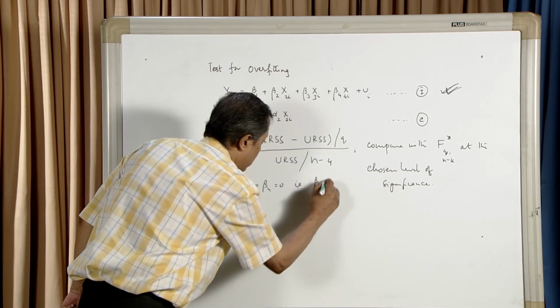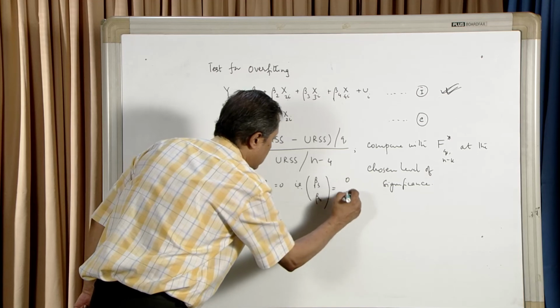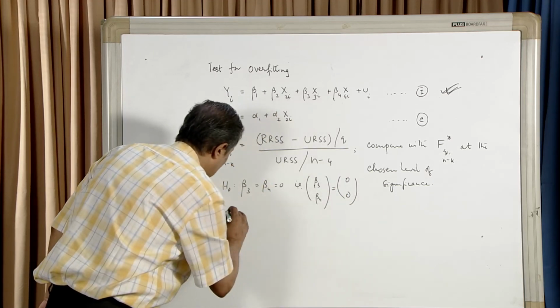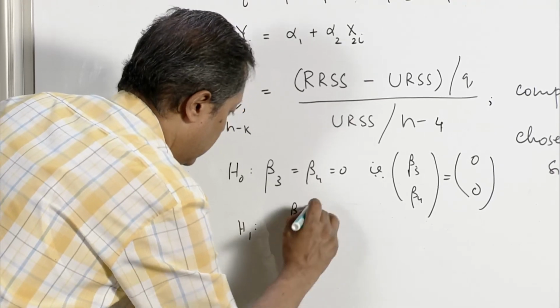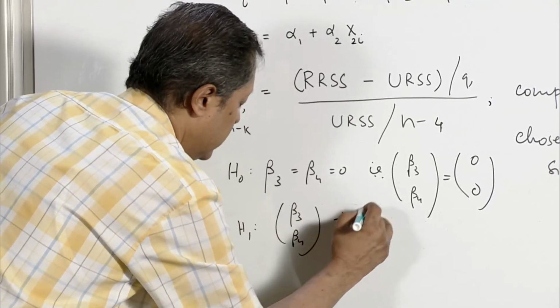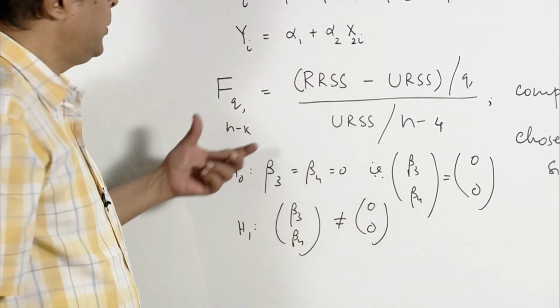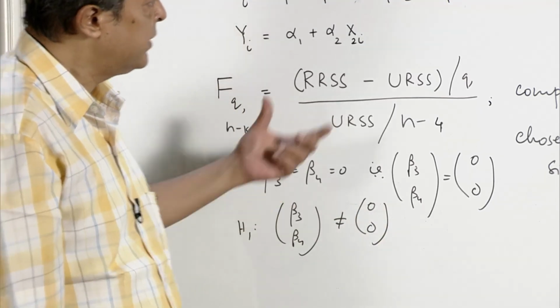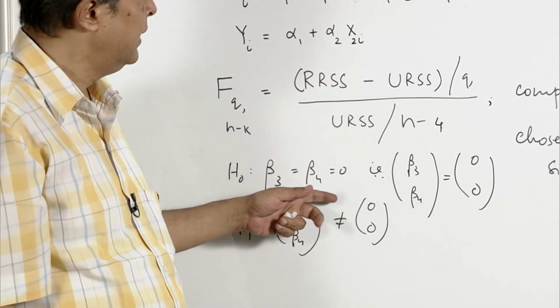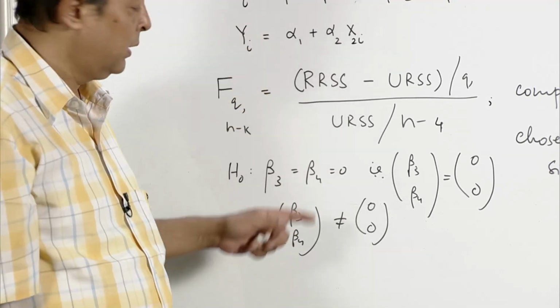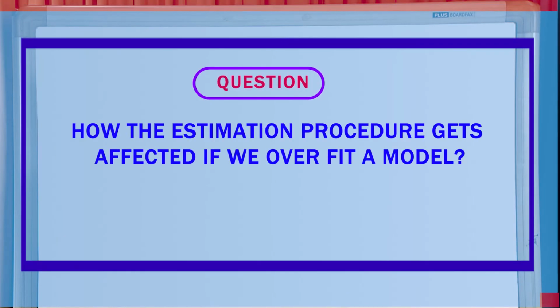That is, we write (beta 3, beta 4) is equal to (0, 0) and H1 is (beta 3, beta 4) is not equal to (0, 0). So, we compute this test statistic. If it exceeds the critical value, then we reject the null hypothesis, and we say that this is not correct.